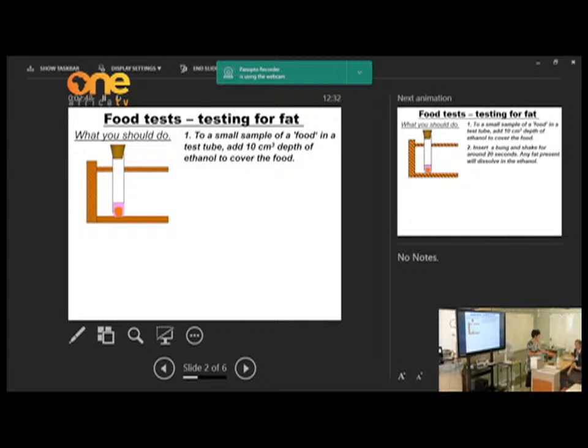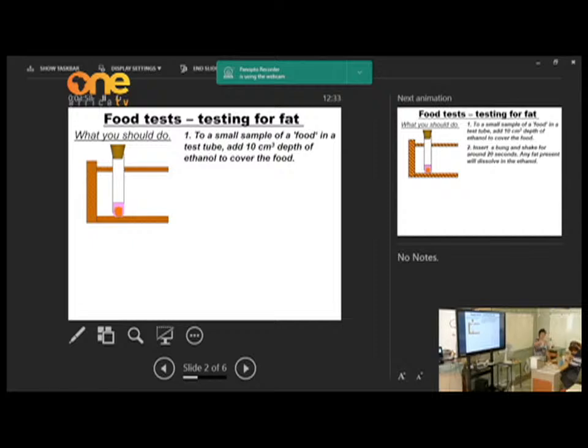Please add 10 ml of ethanol to each of the others, that one too, add 10 ml of ethanol.